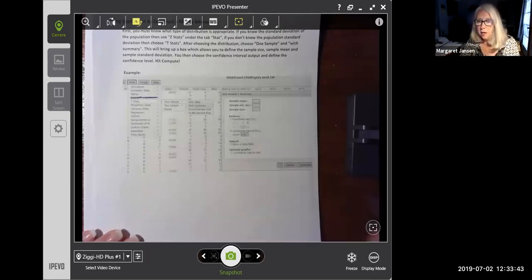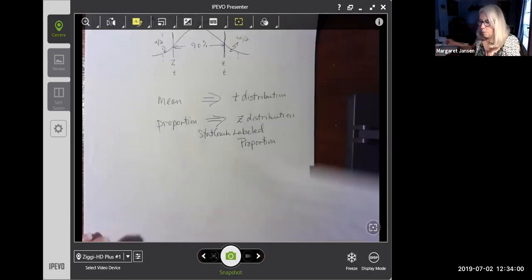If you look closely at the area called Z-stat, it actually says the population's standard deviation. Okay, so you have to be careful about use of StatCrunch here. All right, so then how do we do it?